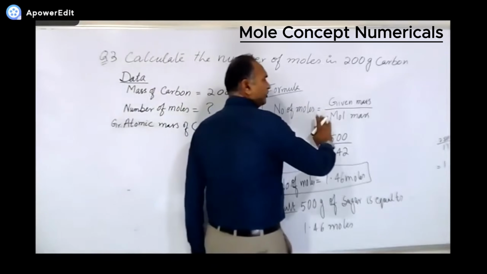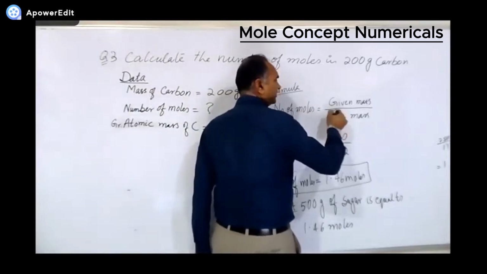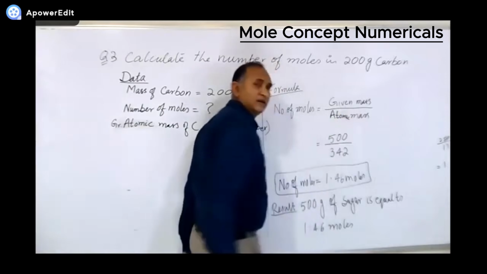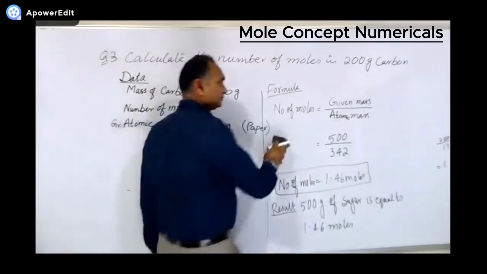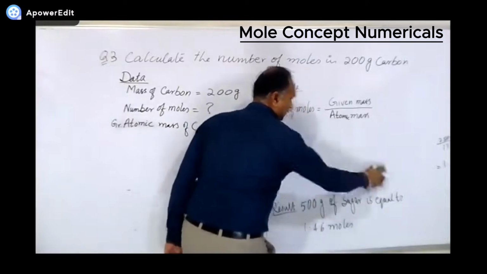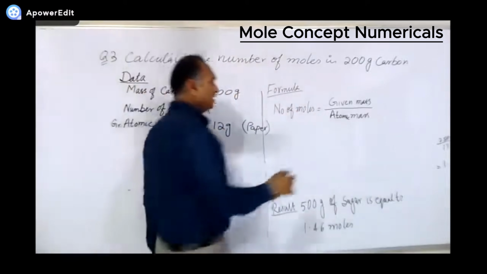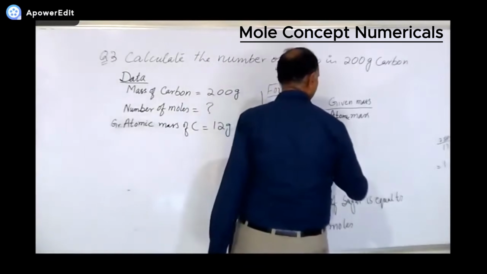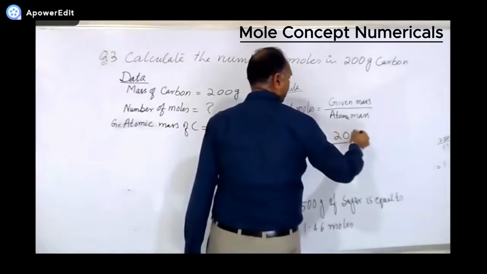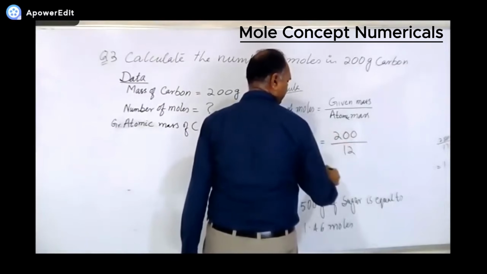Number of moles equal to given mass upon atomic mass. Okay? So what is the given mass here? 200. What is the atomic mass? 12.